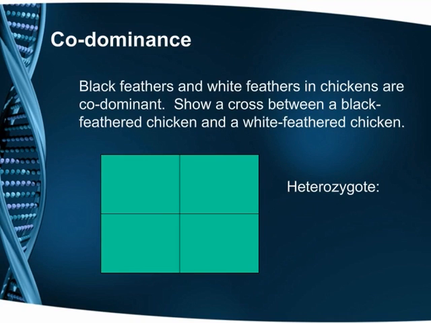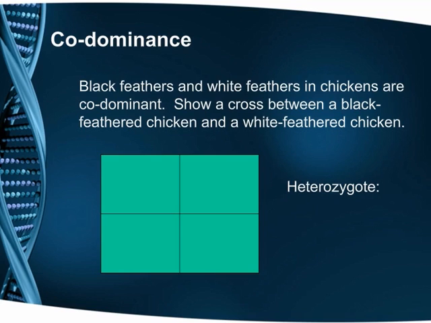The next type of inheritance is codominance. Remember, in this type of inheritance, we're using two different capital letters. So black feathers and white feathers in chickens are codominant. Show a cross between a black feathered chicken and a white feathered chicken. So parent 1 will be big B. Parent 2 will be big W. All of the offspring will be big B, big W, which is heterozygous.